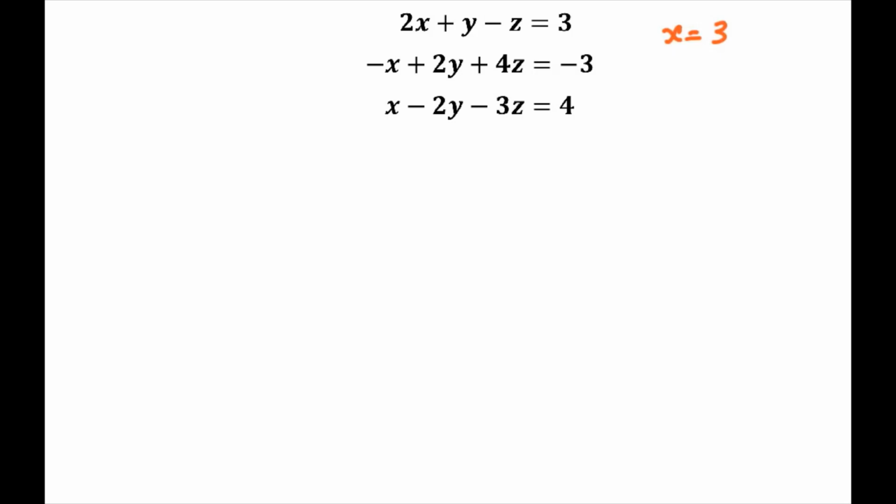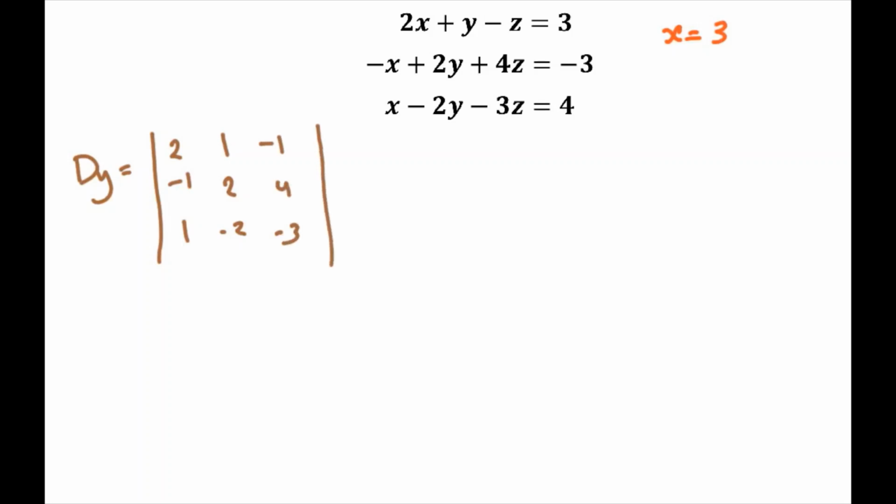Now we are going to do the same thing to find dy. By erasing the y column, replace it by the constant column, and then copy the first two columns out and do the cross.